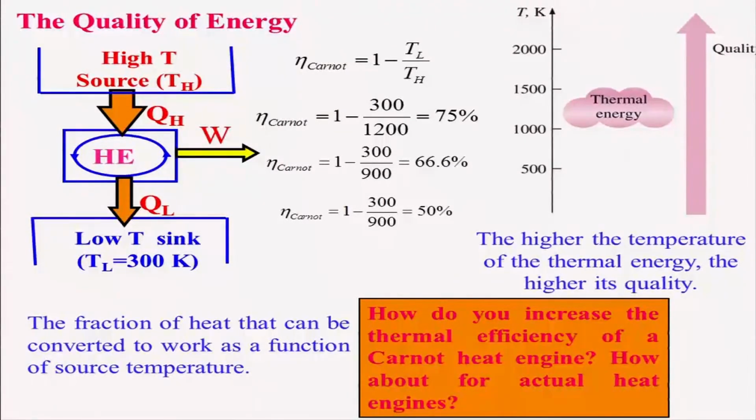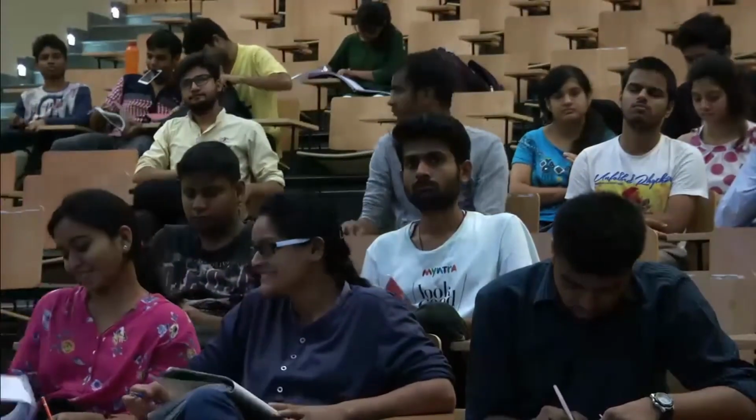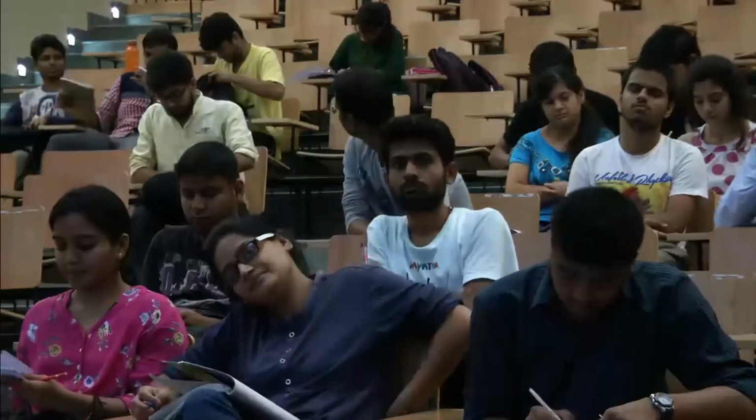So, we will stop over here. We have learned how we use the entropy increase principle to evaluate the entropy change, not only for reversible processes but also for irreversible processes. We are now equipped with a tool for estimating the entropy change and also predicting whether a process is possible or not.